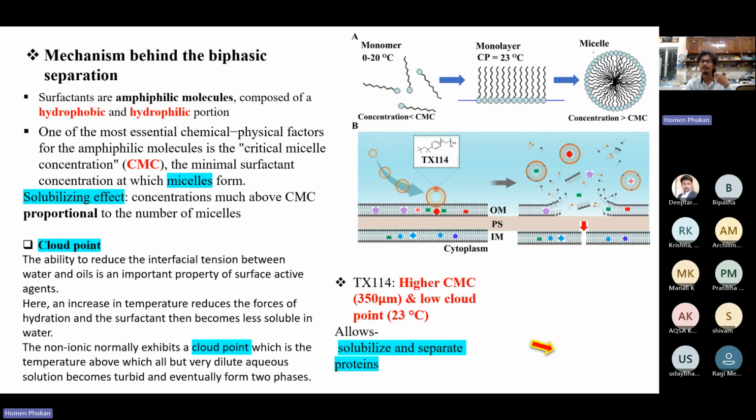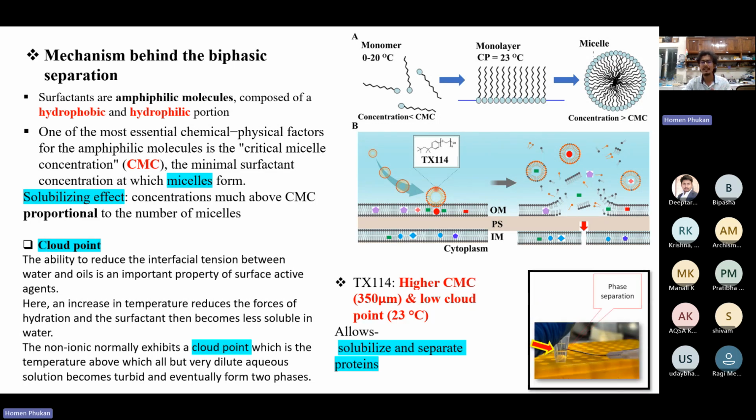Further, if we increase the temperature above the cloud point, it will form a biphase of detergent and aqueous solution. Aqueous is hydrophilic, and detergent is the hydrophobic portion. Most of the outer membrane proteins get solubilized in the hydrophobic portion.